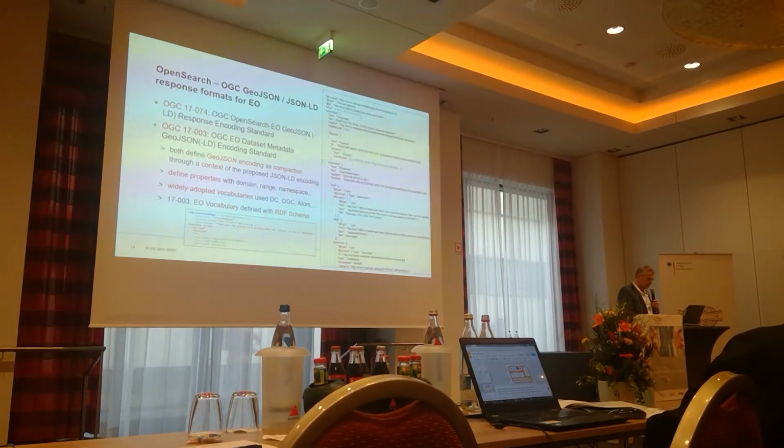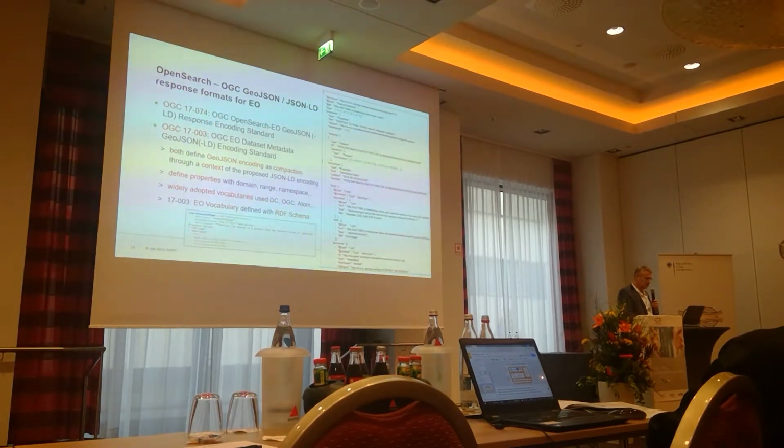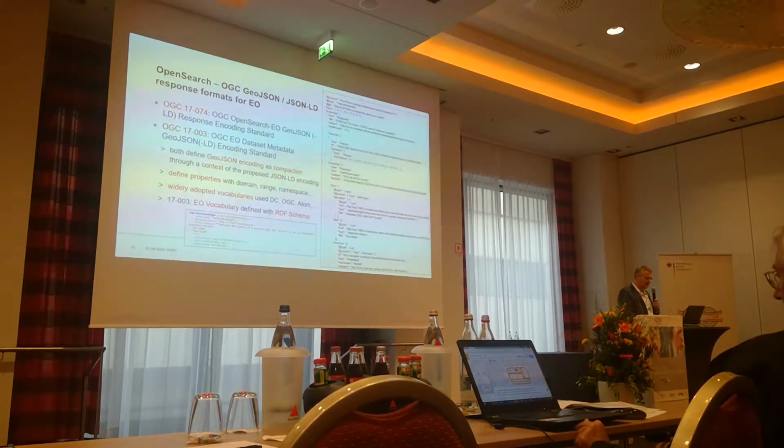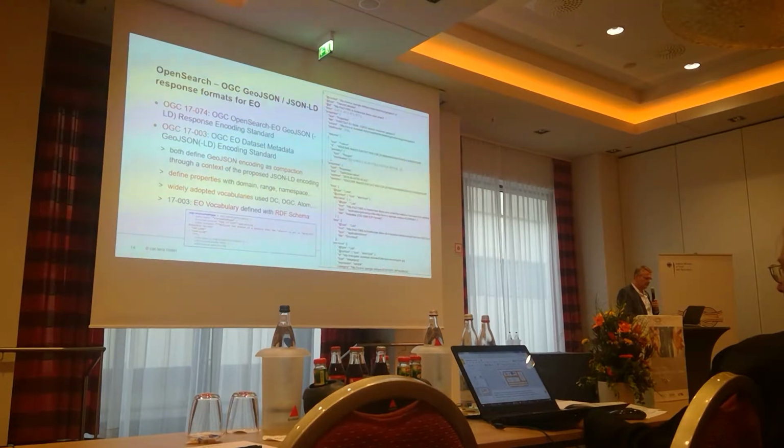Okay, just for information here, we are currently finishing these two specifications, the OpenSearch Earth Observation GeoJSON response encoding standard, and the OGC EO dataset metadata GeoJSON encoding standard, which adapt these things mainly by encoding the GeoJSON as a compaction through a context of the proposed JSON-LD encoding.